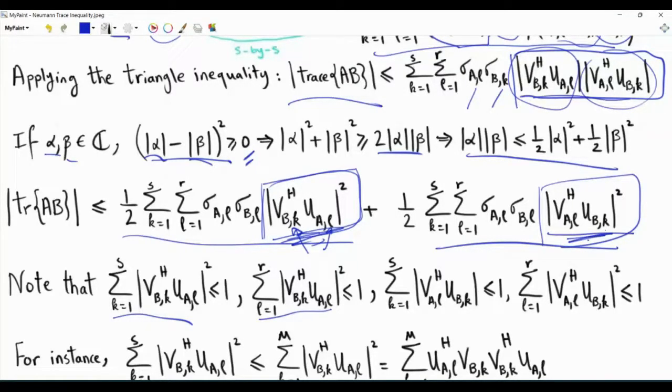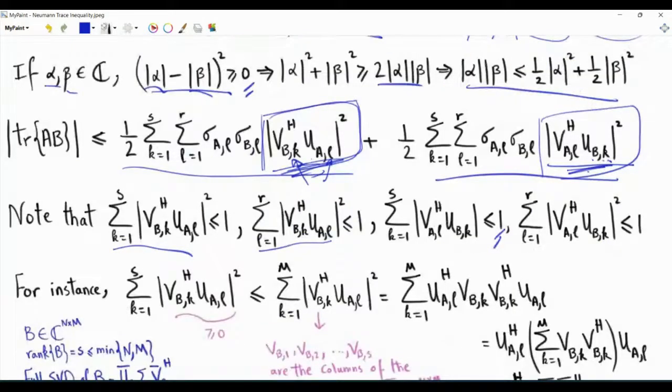Now, if you take this quantity, if you sum it over l from 1 to R, you get something that is upper bounded by 1. And if you sum over k, also you get something that is upper bounded by 1. Okay, so to see this, let's just focus on this guy and focus on the case that we do a summation over index small k from 1 to S, and the other three cases can be handled similarly.